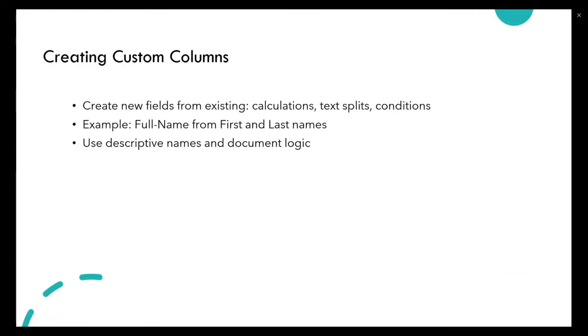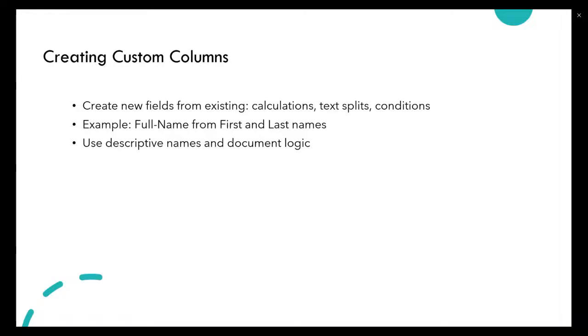Once your data is clean and properly structured, the next step is often to create new columns that add more meaning or insights to your data. This is where custom columns in Power BI come in. With custom columns, you can create new fields from the existing ones using a calculation, text manipulation, or conditional logic.